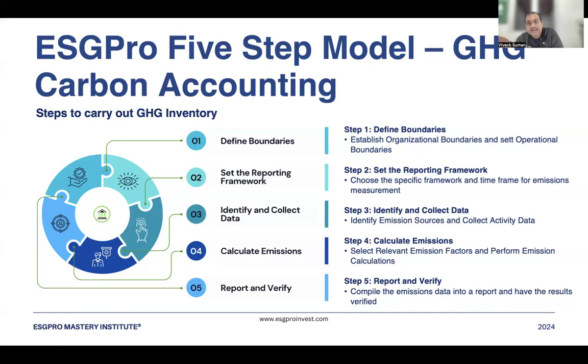Where? Anyone? Where should I fit Scope 1, 2, and 3? Operational boundary. In operational boundary, you have 1, 2, and 3. Scope 1 is my own premise, where I'm controlling directly. Scope 2 is where I have a little control because I'm purchasing from there.